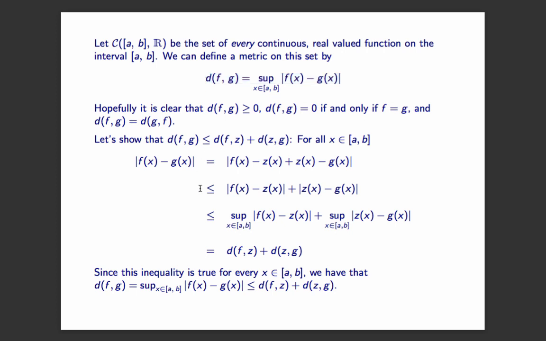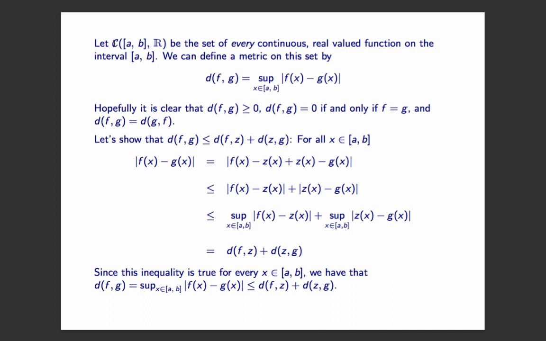So again, this exhibition was pretty much the same as the previous for Rn, but now we're just dealing with continuous functions. Now let's note real quickly the similarity between Rn, what we think of as the canonical vector space, and this space. Well, if I have two vectors in Rn and add them up, I get another vector in Rn.